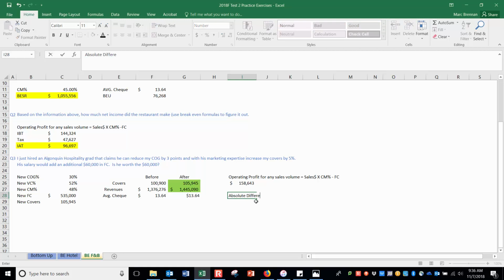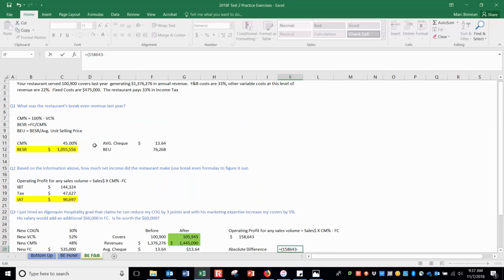So now that I know that I'm going to make that much, I want to do a comparative analysis of these two scenarios. We're going to use the new scenario as our current year. To find our absolute difference, it's what we want to compare minus what we are comparing it to. So $158,643 operating profit minus the scenario where I was making my money.